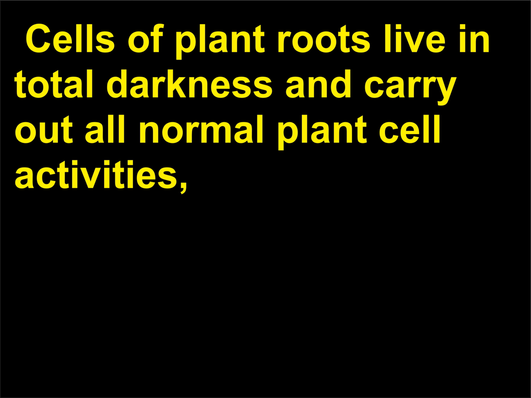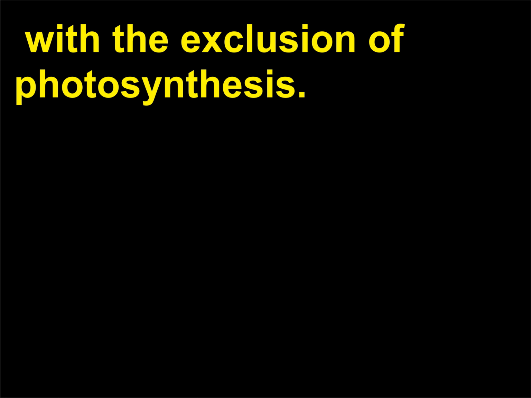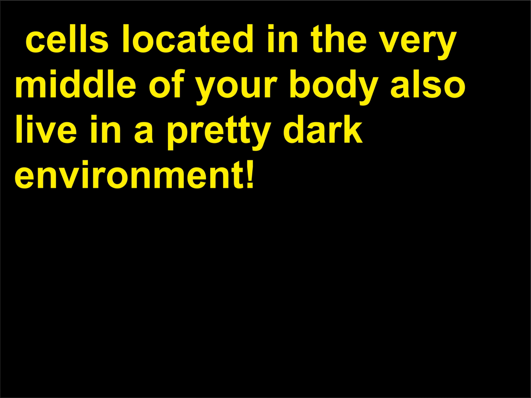Cells of plant roots live in total darkness and carry out all normal plant cell activities, with the exclusion of photosynthesis. And, if you think about it, cells located in the very middle of your body also live in a pretty dark environment.